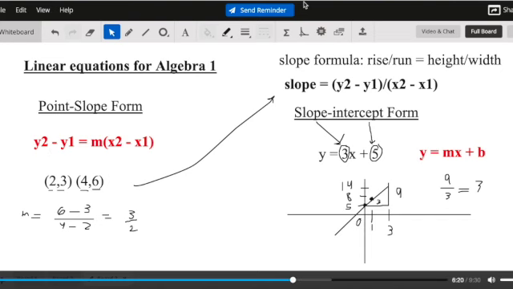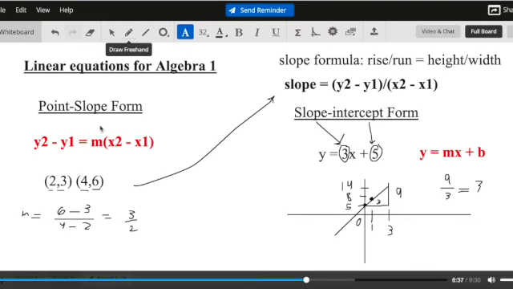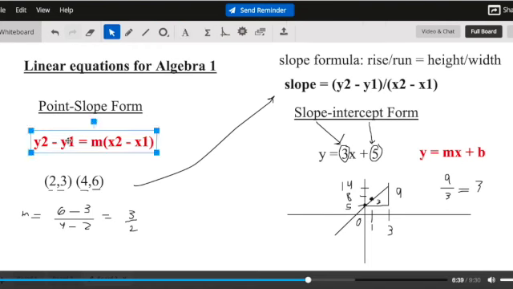Okay, so now you can put all this together. Actually, let's go back. You pick 1 point from here. They give you 2 points, you can calculate your slope from those. But the actual formula is not y2, it's going to be y and x.